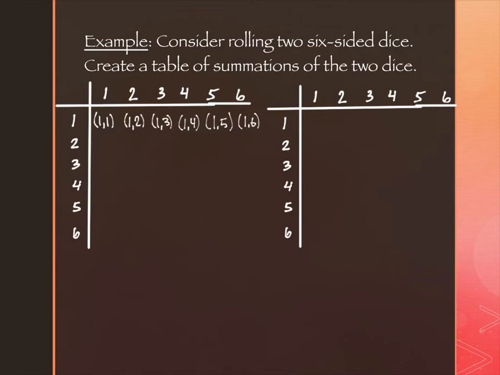And we're going to go to the next row and do the same thing, except that I will roll a 2 and a 1, a 2 and a 2, a 2 and a 3, 2 and 4, 2 and 5, 2 and 6. So what's my next row going to look like? 3 and 1, 3 and 2, 3 and 3, 3 and 4, 3 and 5, 3 and 6.